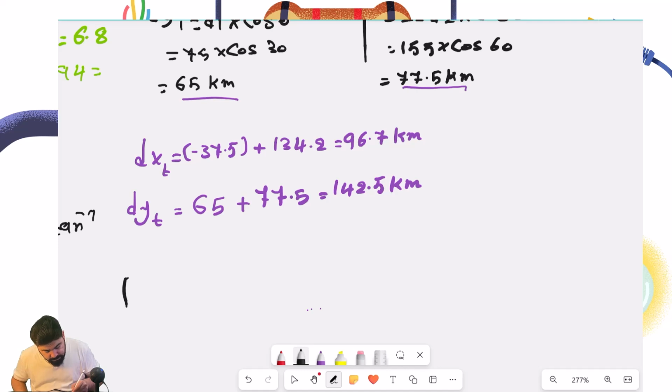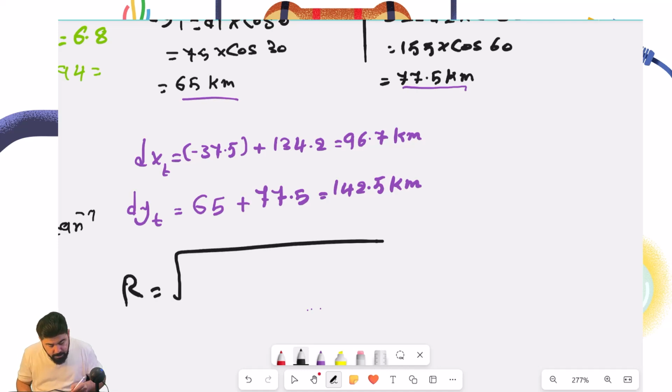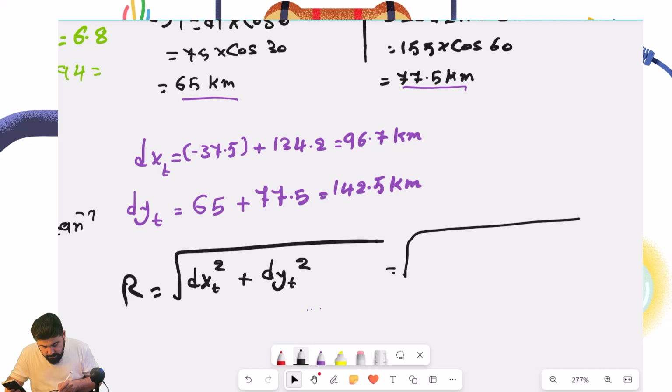The resultant is going to be the square root of dx total squared plus dy total squared. This is going to be 96.7 squared plus 142.5 squared.